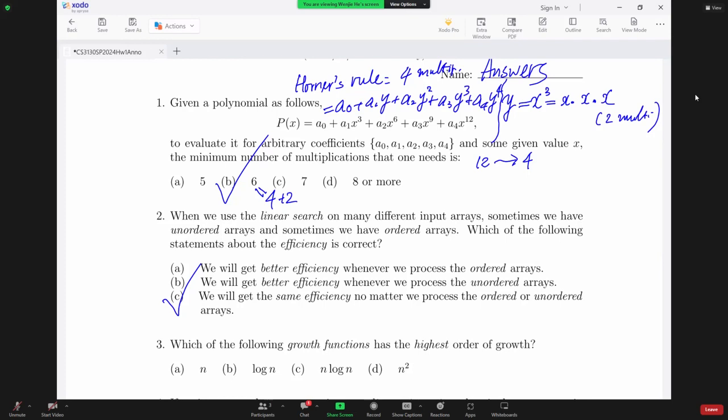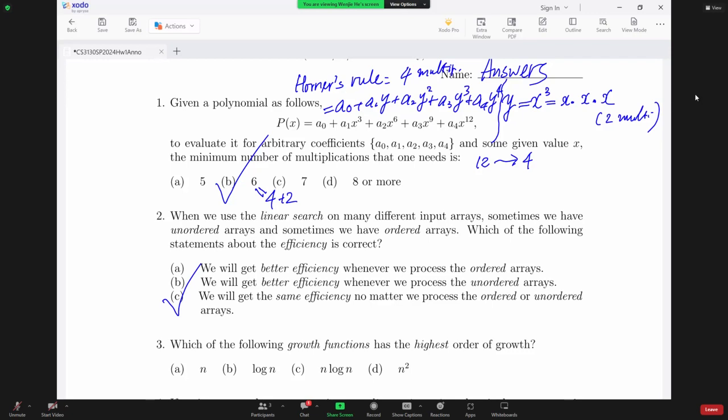Usually you may think about A: for ordered arrays, why can we not take advantage of it? Actually, there are some reasons you cannot take advantage of that order if you use linear search. When you implement linear search, you go through the array elements in sequential order.